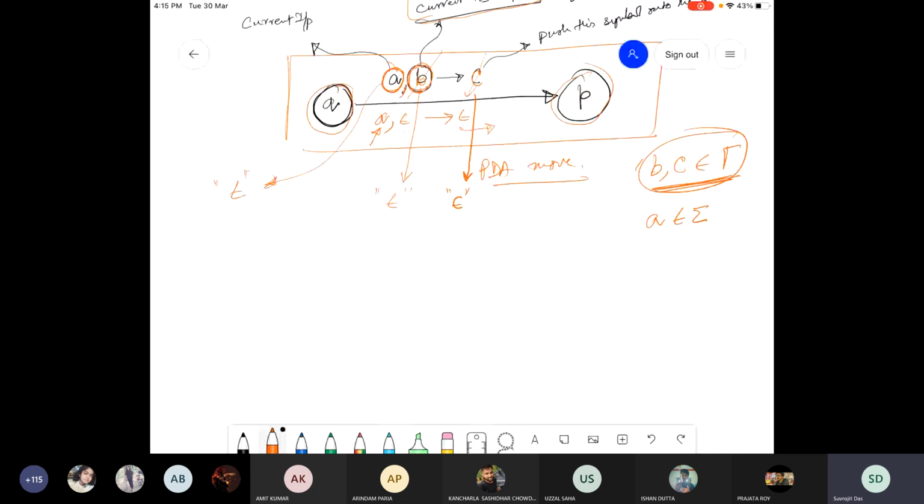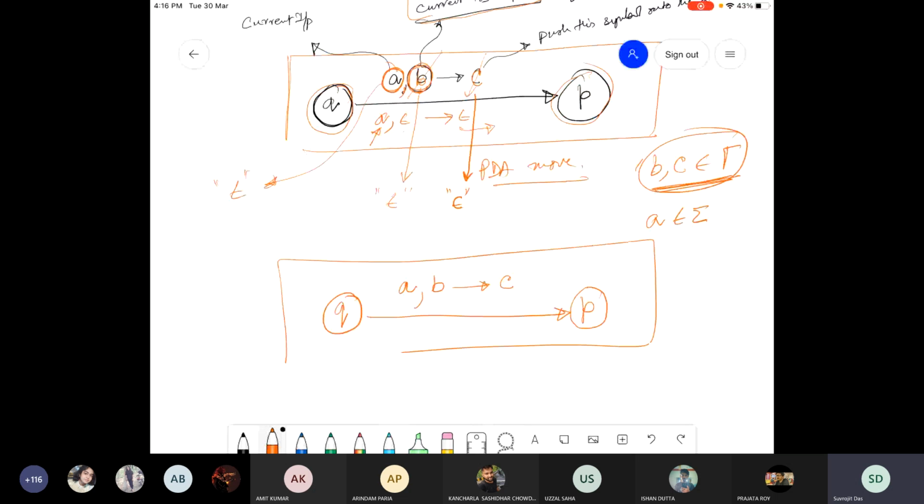So what I say is I am in a state Q. I see A as the current input symbol. I see B as the top of the stack and I pop it. And then I push C on the top of the stack. And only then I change my state from Q to P. Is this clear?